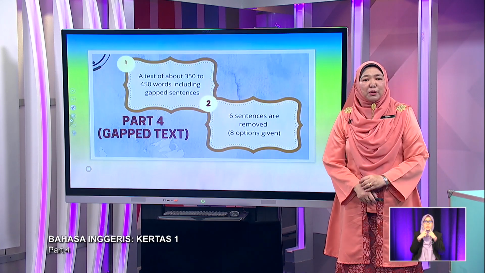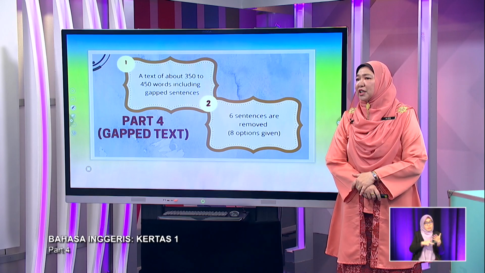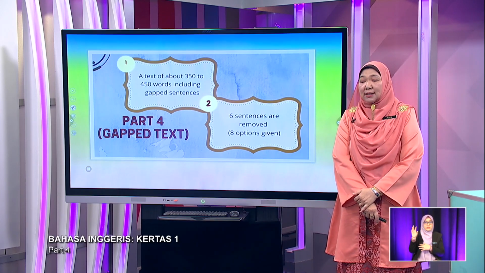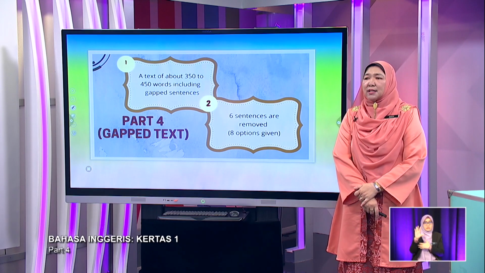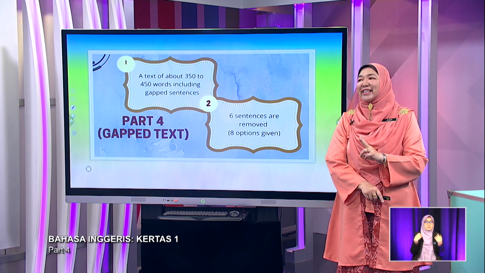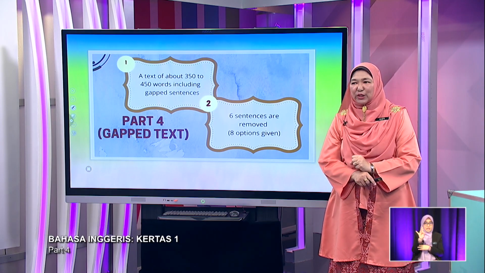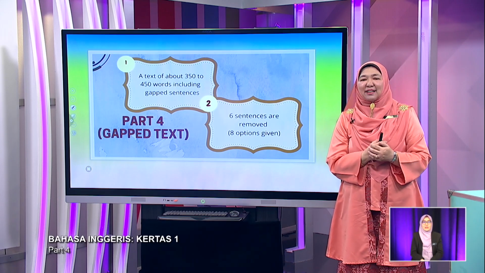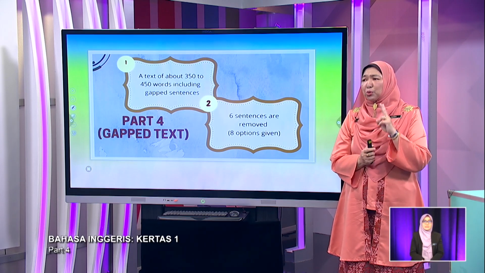The text is about 350 to 450 words, including the gap sentences, and 6 sentences are removed from the text. However, the options given to the pupils are add options, so there are 2 distractors. They didn't give only 6 options.